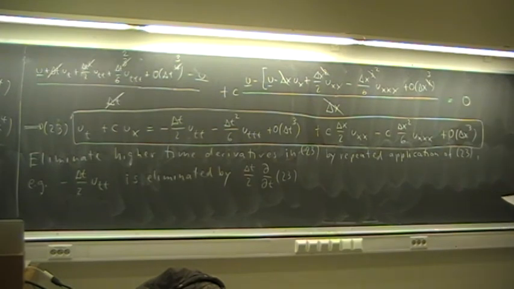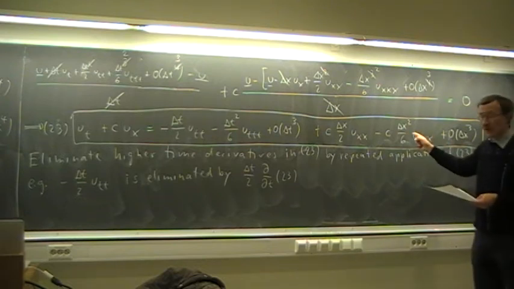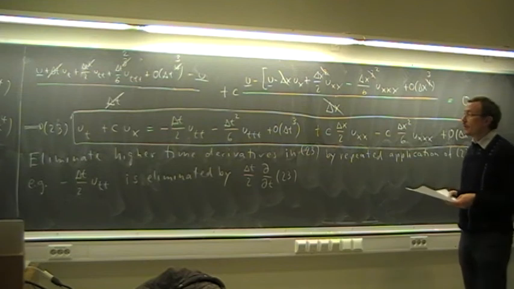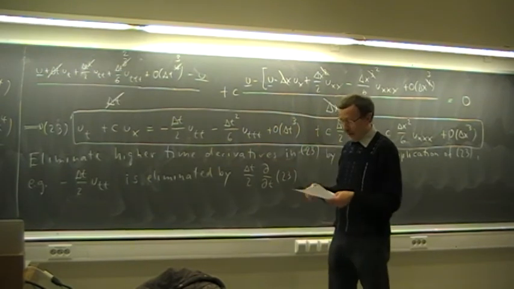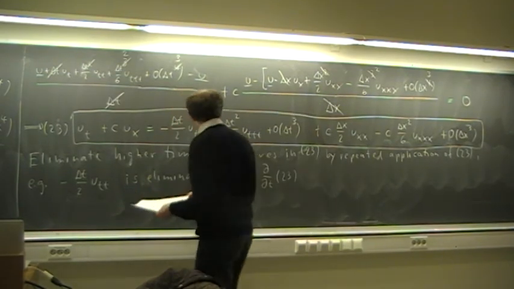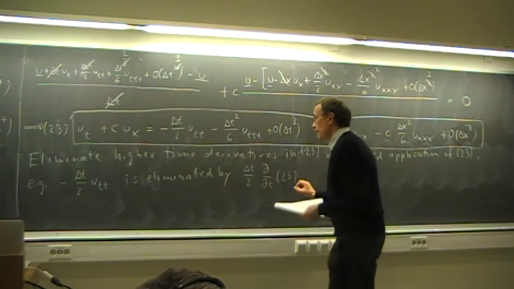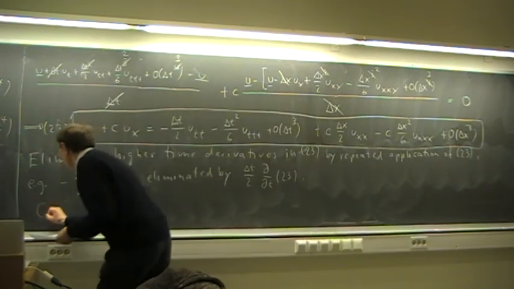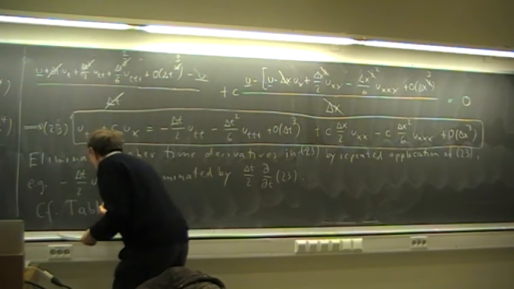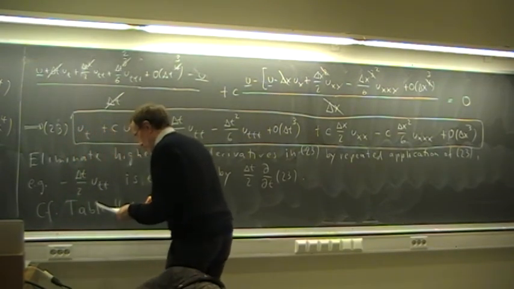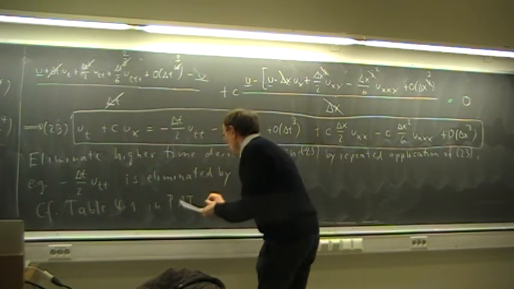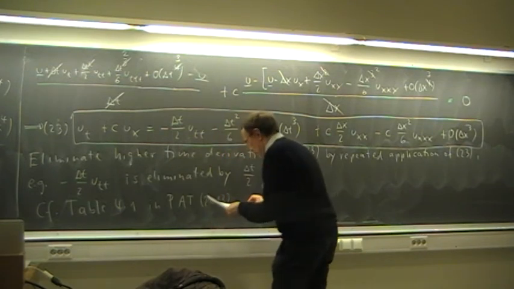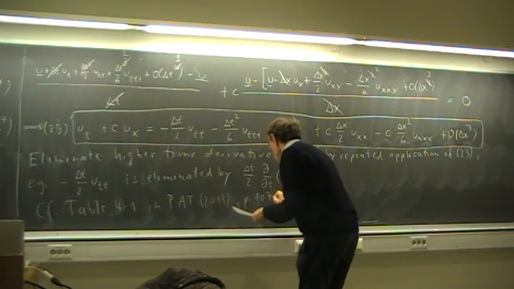So with this trick, by replacing time derivatives by space derivatives using this equation, and higher order derivatives as well, we can get rid of these terms here, and you can find that in the book in table 4.1. That is in Tannehill, Anderson, Pletcher, the third edition, on page 107.